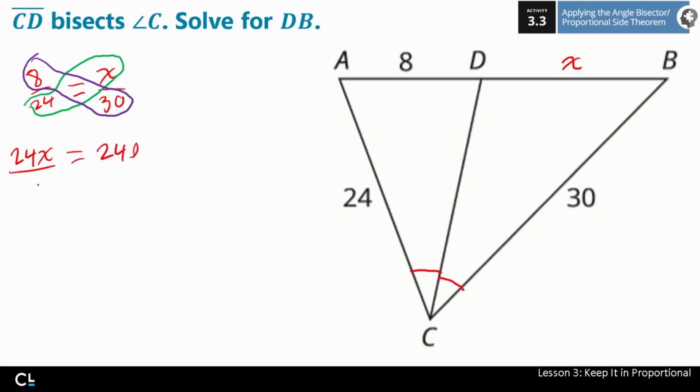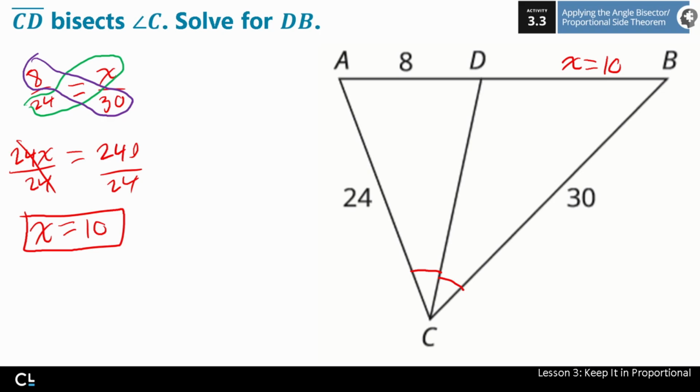And then we divide by 24, and this one's the easy one. We divide by 24 on both sides. Cancels there. We get x equals 10. Boom, boom. Which means right here, we could say this is equal to 10. So really, DB is equal to 10. x equals 10. DB equals 10. Awesome.